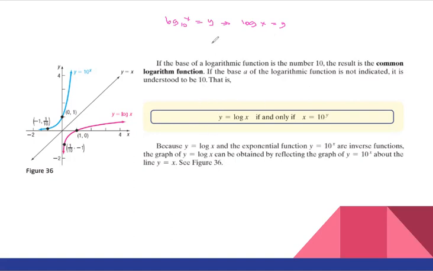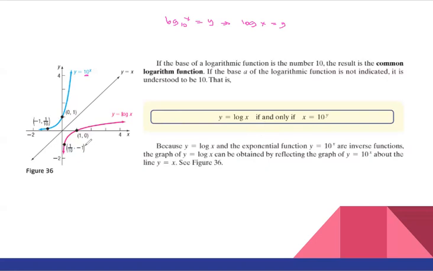Also, if you remember the exponential functions, this is the graph of the exponential function when a is equal to 10. You can see these 2 points will be on this graph. Another thing we should remember is that exponential functions and logarithmic functions are inverses of each other.